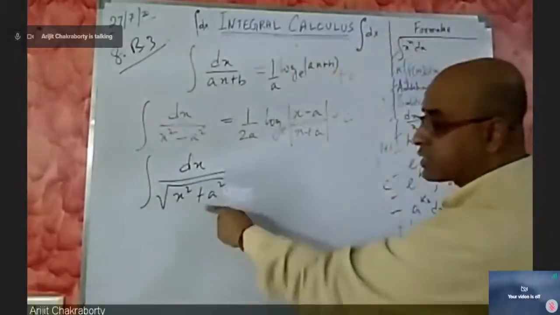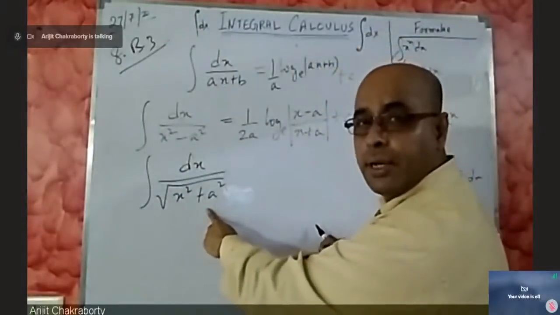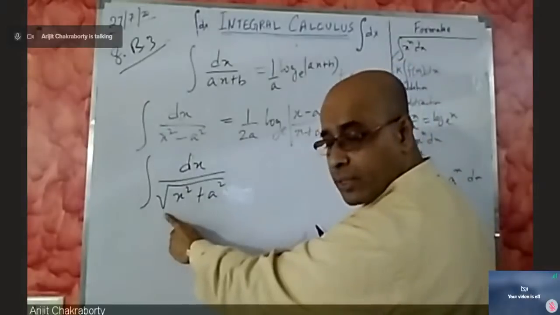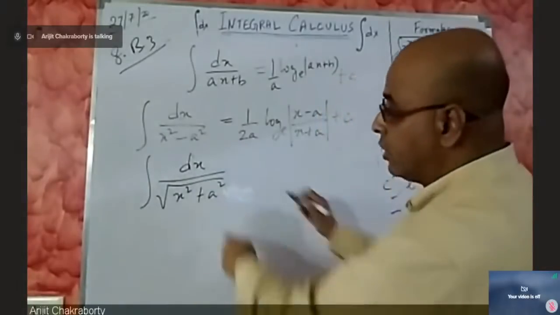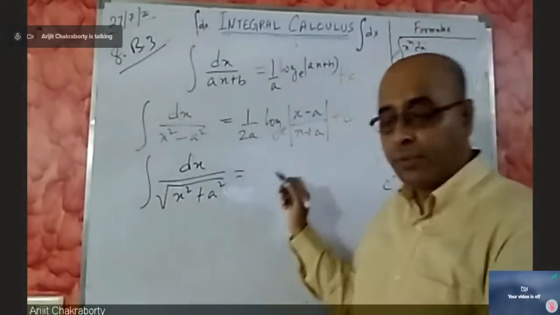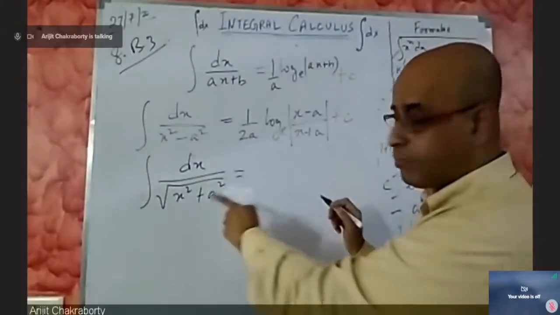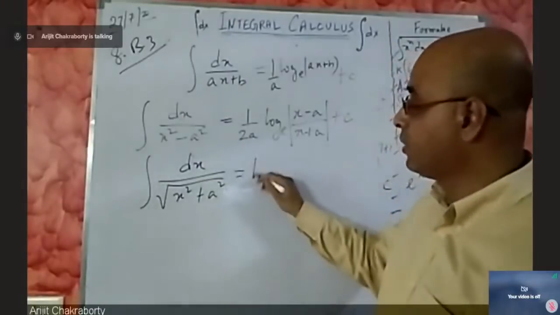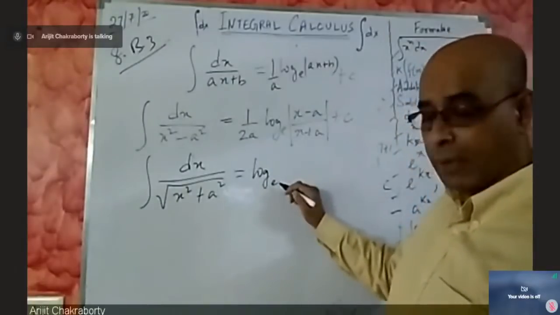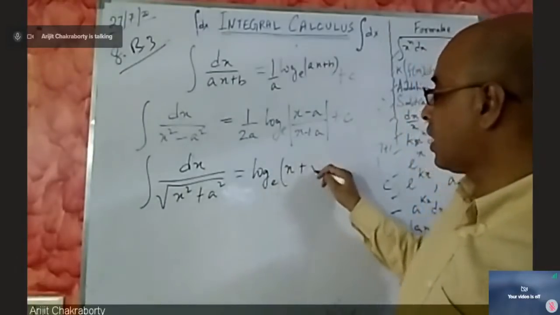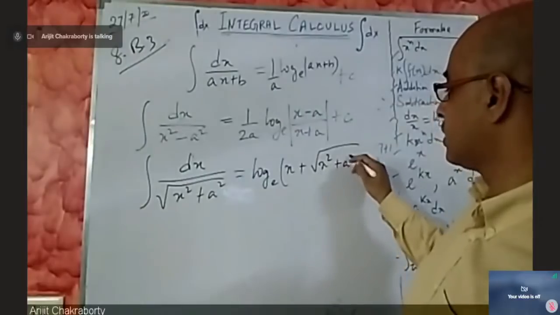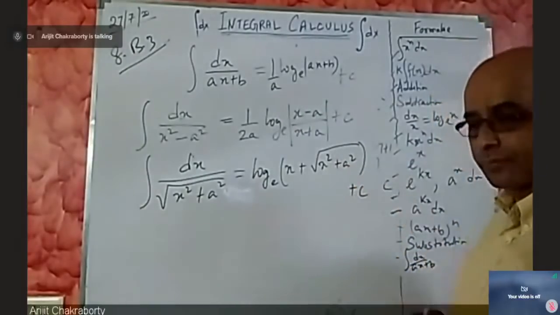Now when you have this type of expression, dx divided by square root of x square plus a square, the answer will be log to the base e of x plus the square root of x square plus a square, plus c.